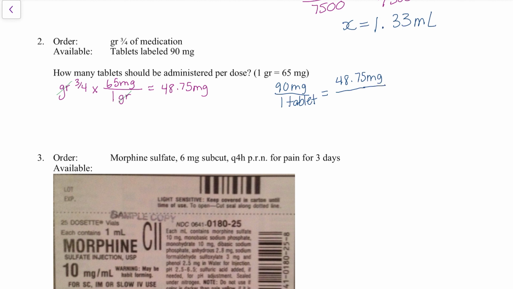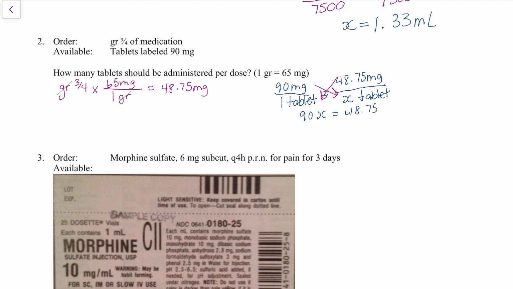and I want to figure out how many tablets that is. I'm going to cross multiply. And I get 90x equals 48.75.